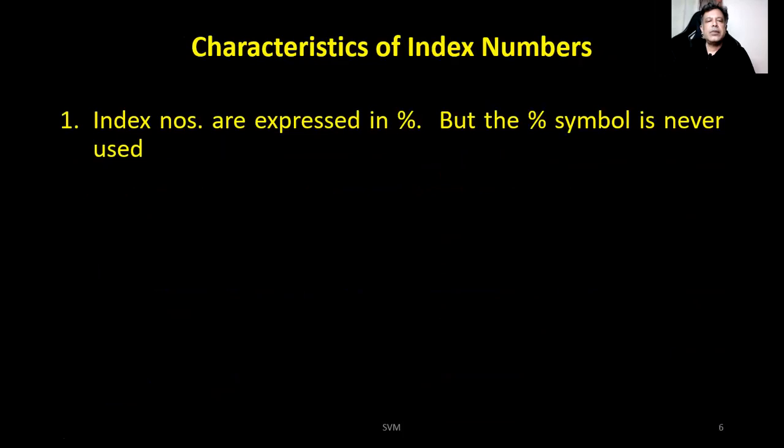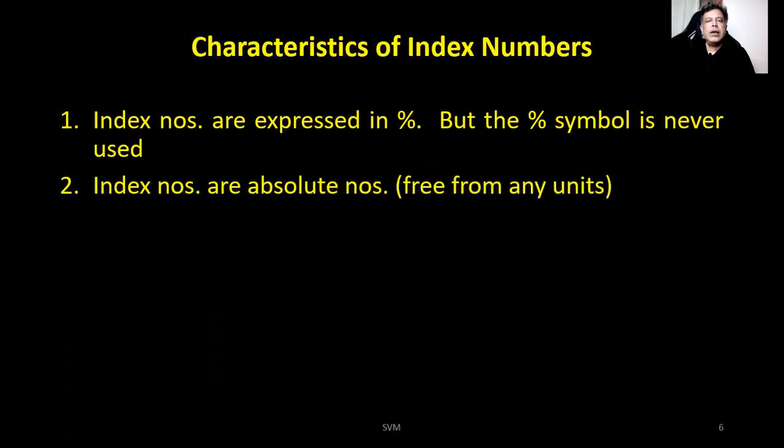So the characteristics: index numbers are always expressed in percentage, but we don't write the percentage symbol. We simply calculate it in percentage, but we don't write the percentage symbol. Then they are absolute numbers, in the sense that the commodities may be of different units. If we calculate the index number for a particular year, let us say the current year, there may be different commodities.